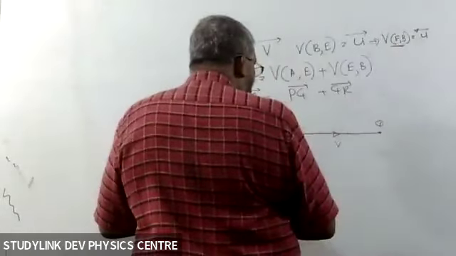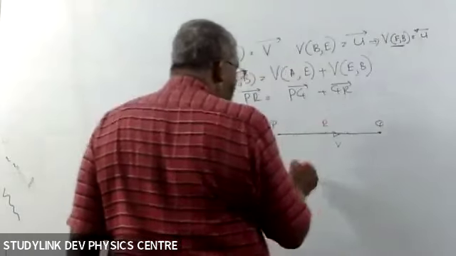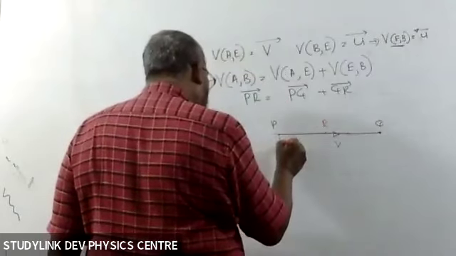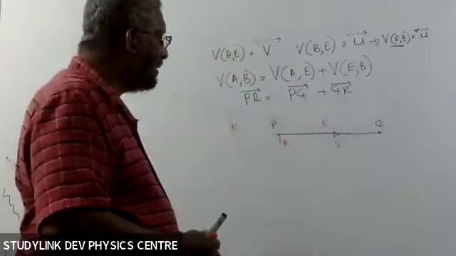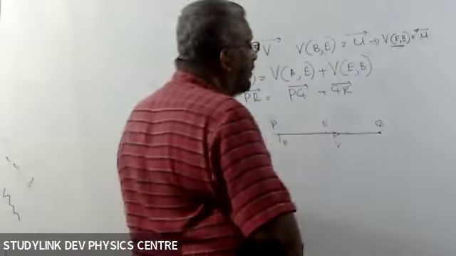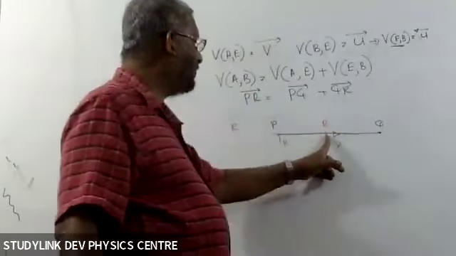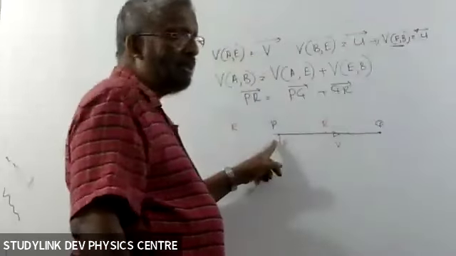So R may be somewhere here, or R may be right at the same position, because the other one is U. If U is less than V, R is here. If U is equal to V, R comes to this position.